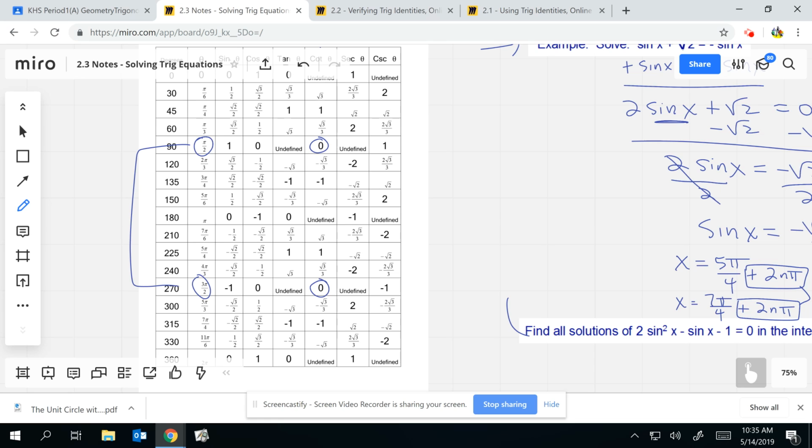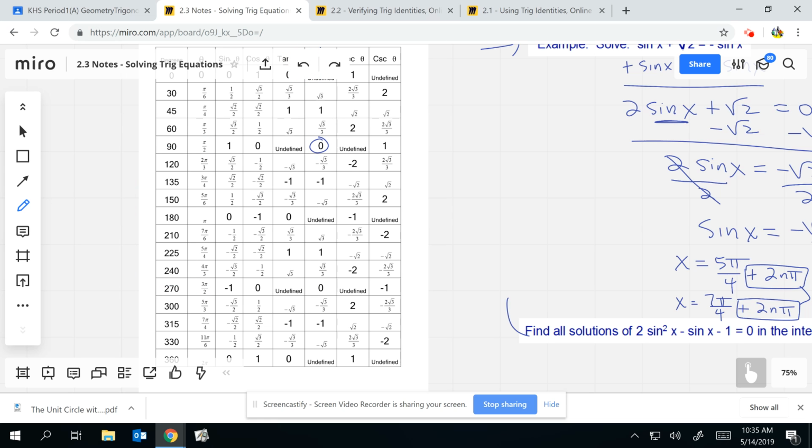Subtract them. 3 pi over 2 minus 1 pi over 2 is 2 pi over 2, which is just a pi distance. So I don't have to write them both if I don't want to. I can just write the first one and put plus n pi, because they're a pi difference from each other.